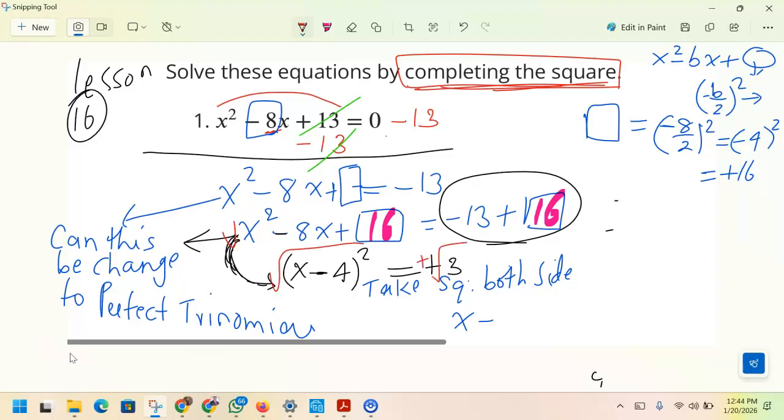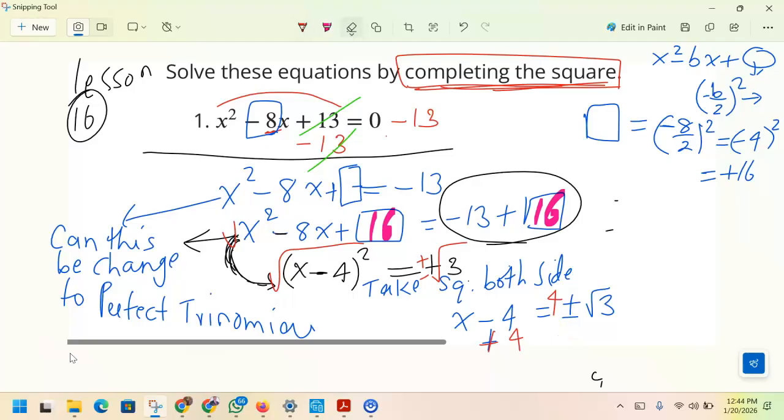But remember, you have to take plus and minus. So x minus 4 is plus or minus square root of 3. But we don't know what the square root of 3 is. We leave it exactly the same and then add 4 to both sides.